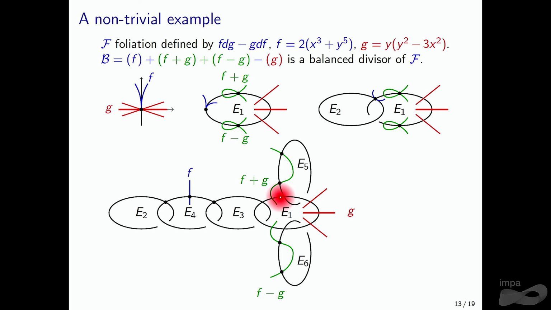So the sum is minus 1, and minus 1 is 2 minus the balance, that is 1, 2, 3, 3 attaching points or adjacent points. So 2 minus 3 is minus 1, and minus 1 is the sum of the weights of this divisor arriving to E1.